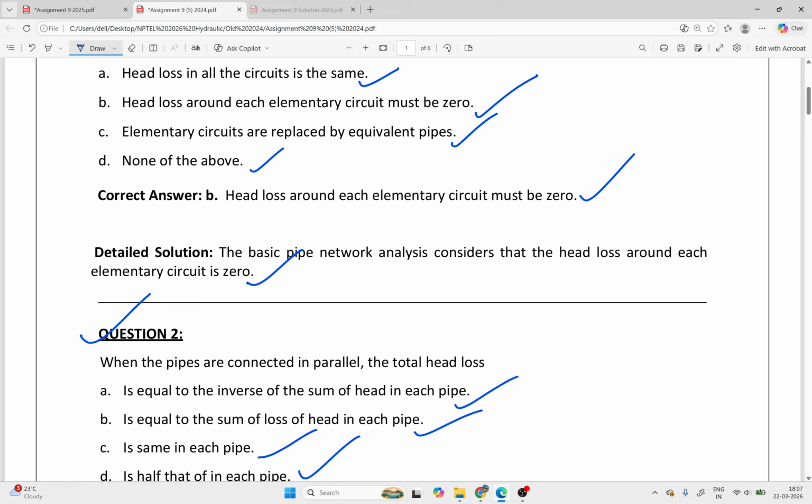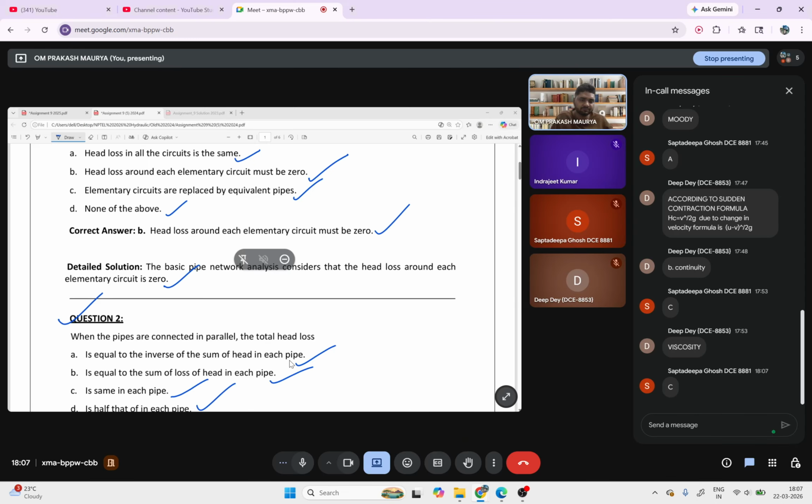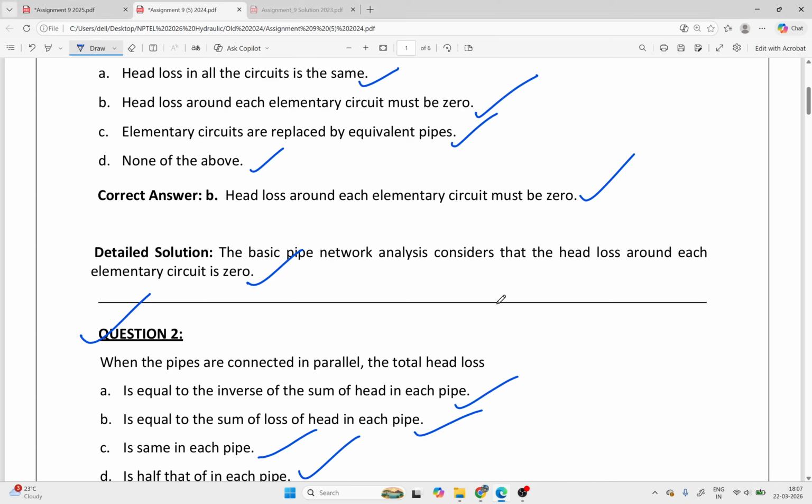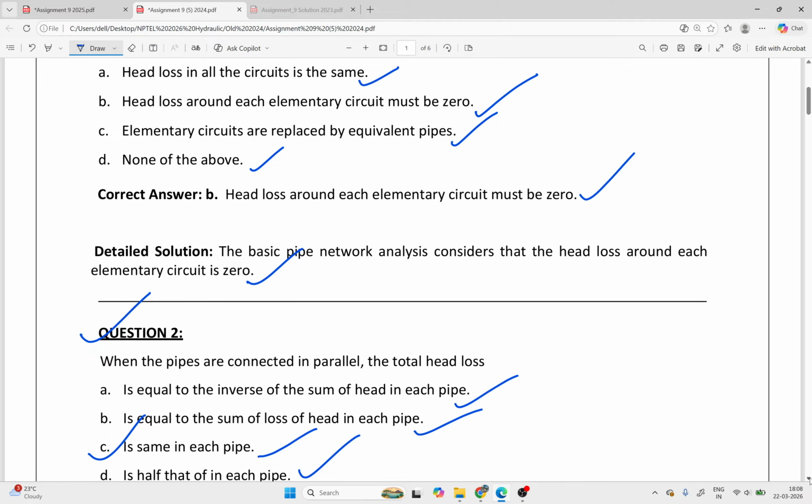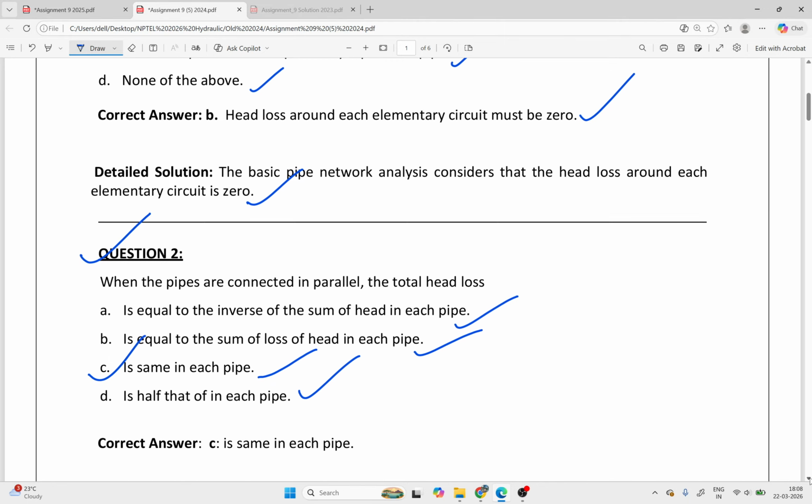Just try to write your answer in the chat box, please. Okay, you are telling option C, same in each pipe. Yes, we have discussed this question before, so we won't waste time here. Option C is definitely correct. Now we'll move on to the next one.